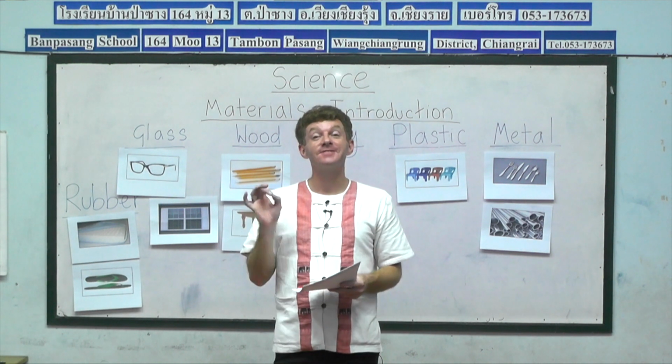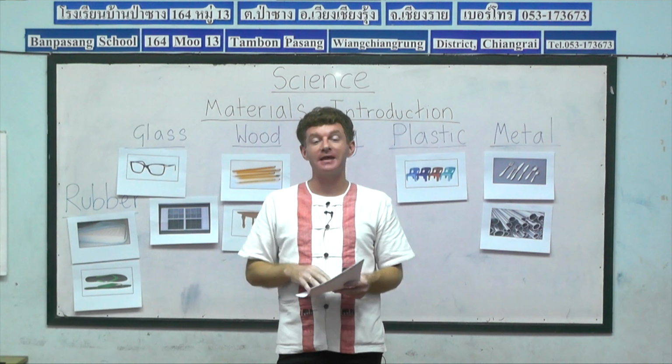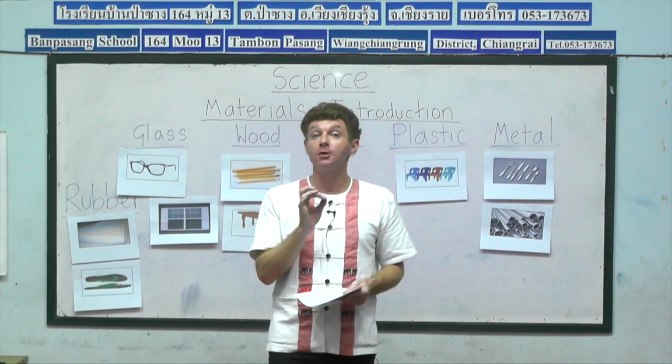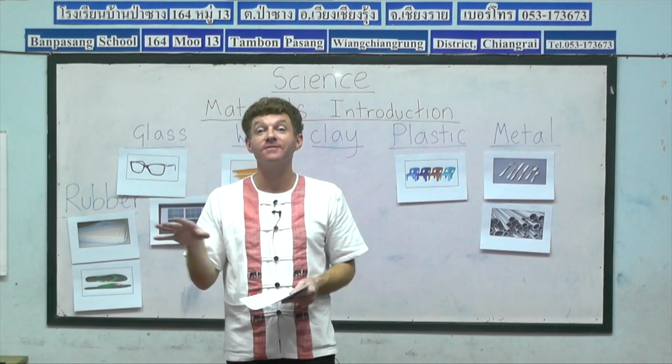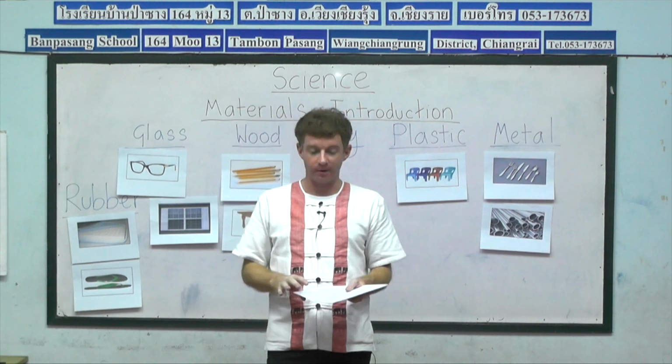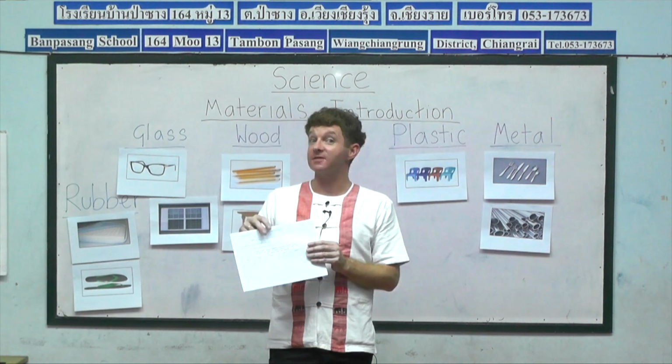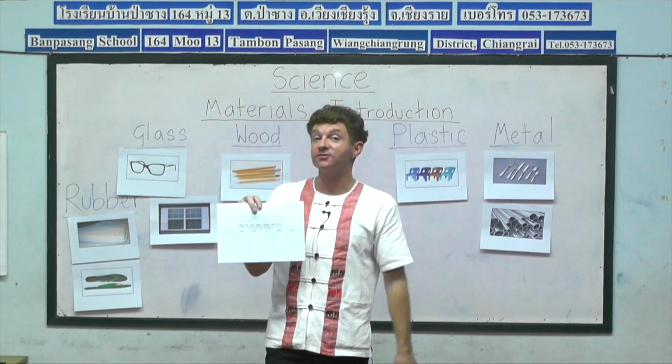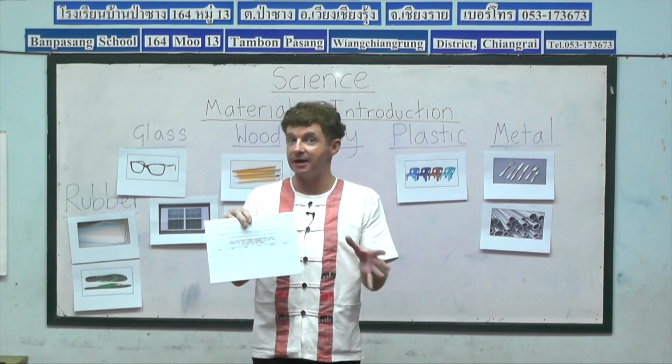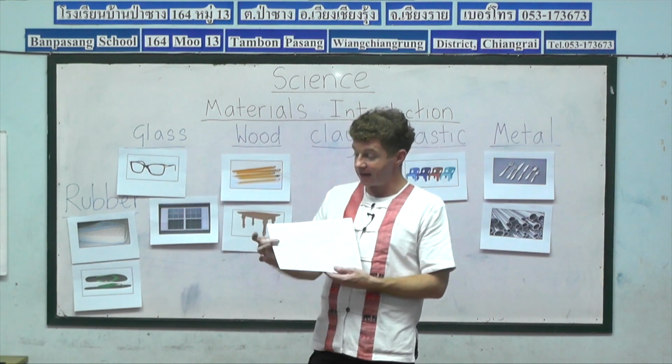So now it's time for our worksheet part of the lesson. So teachers, can you make sure every student in your class gets their own worksheet? And what we've got is a table listing the 6 different materials that we've learnt about today. Ready, guys?